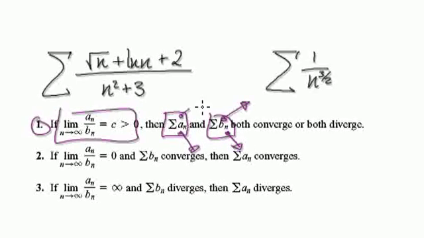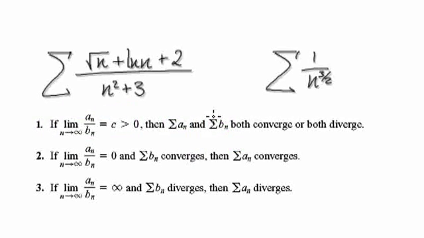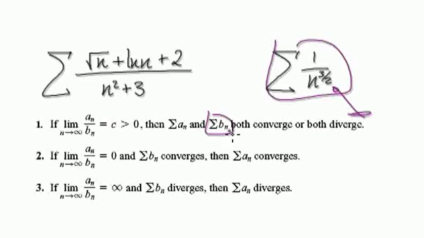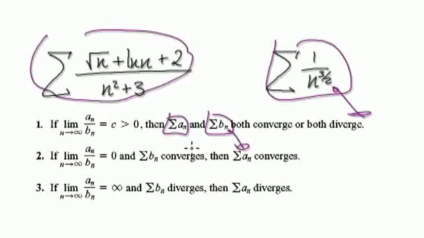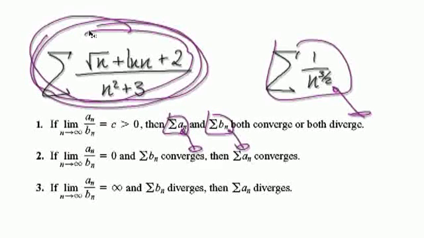If b_n diverges, then this will diverge. But looking at this here, our b_n converges. Therefore, the series that we know nothing about actually converges. So this series here will actually converge. Okay.